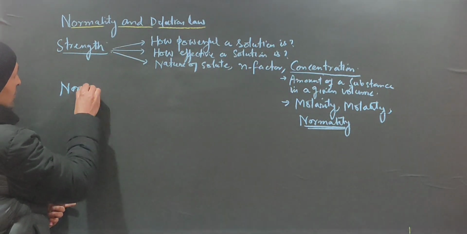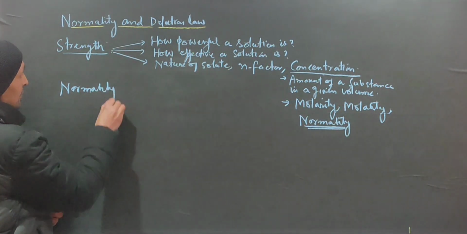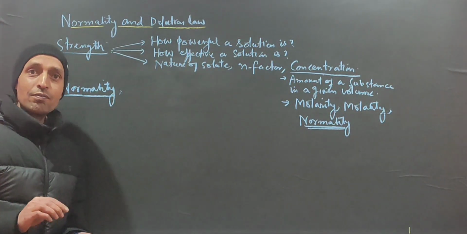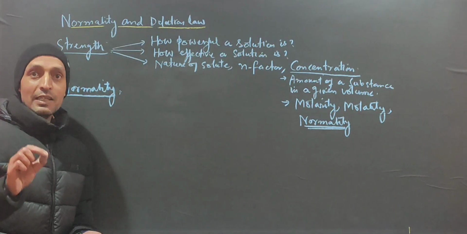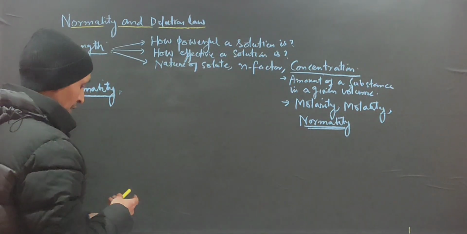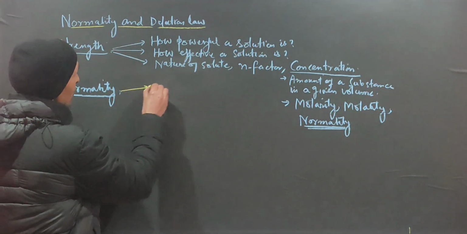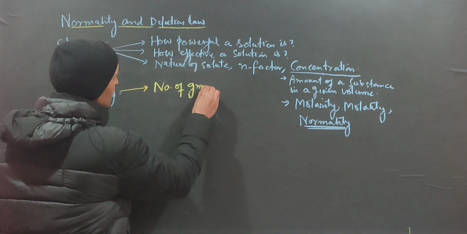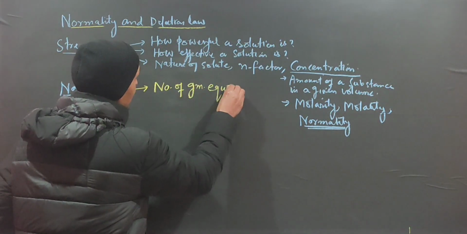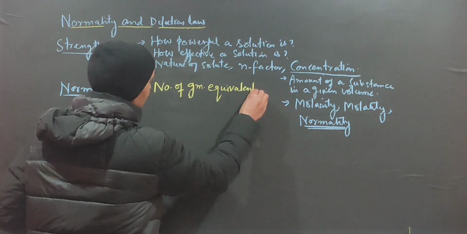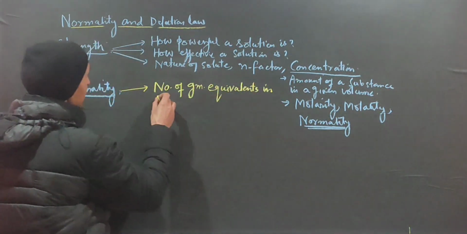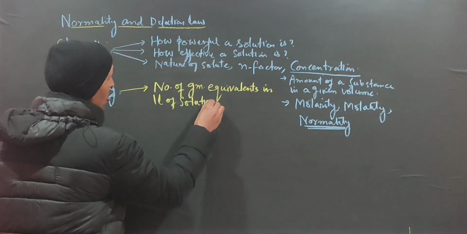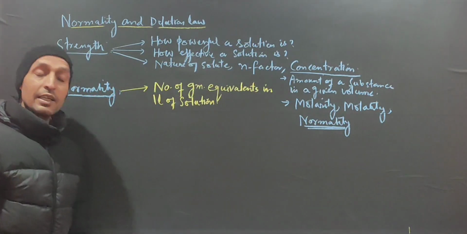Normality is the number of gram equivalents in 1 liter of solution. I will write it: number of gram equivalents in 1 liter of solution.